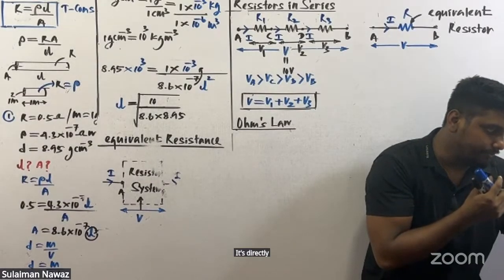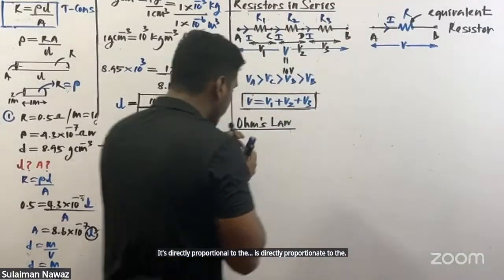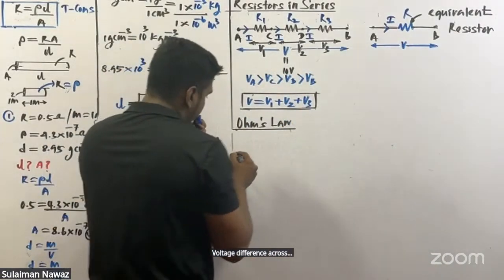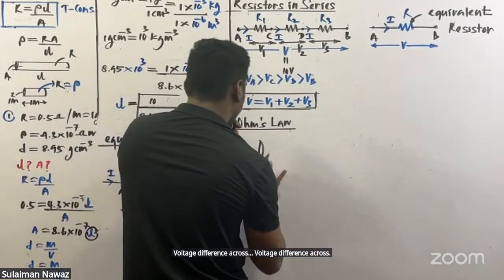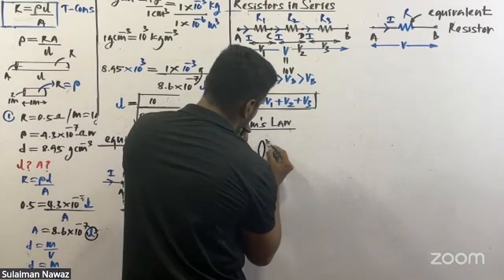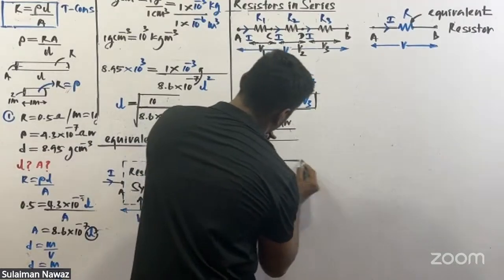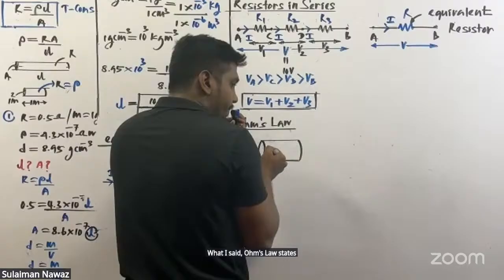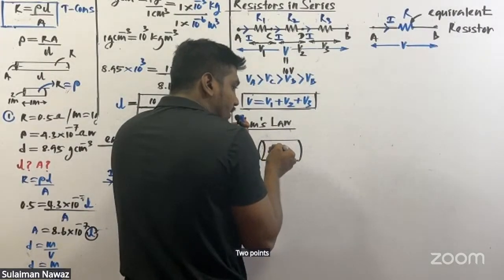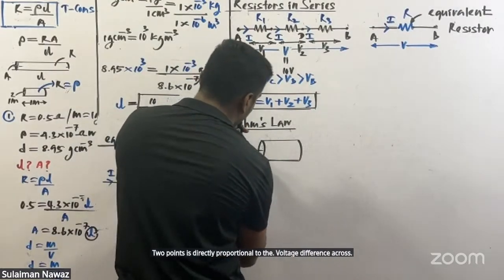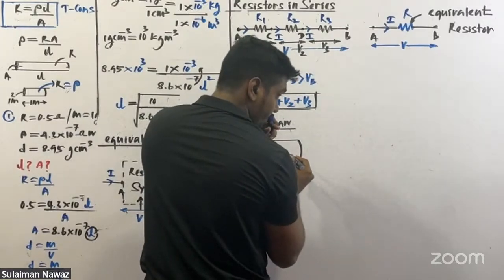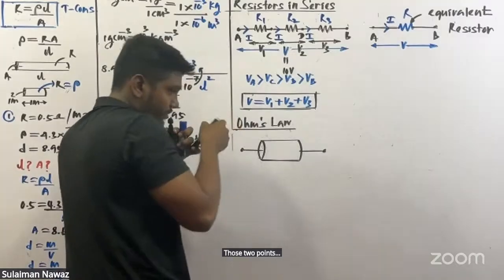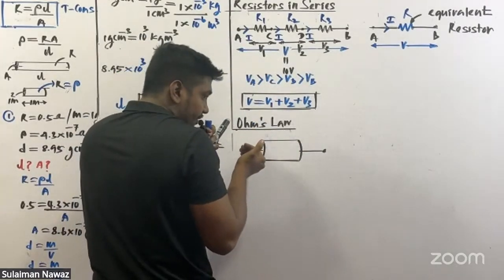is directly proportional to the voltage difference across those 2 points, when temperature remains constant.